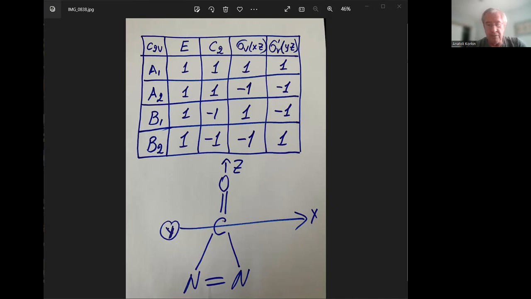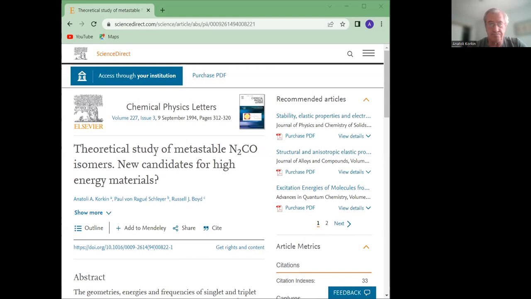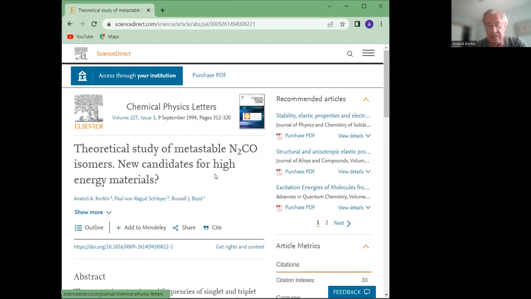The reason I selected this molecule is quite personal. Almost 30 years ago, in '94, I did a calculation of this molecule and published a paper jointly with Professor Schleier and Professor Boyd in the journal Chemical Physics Letters.